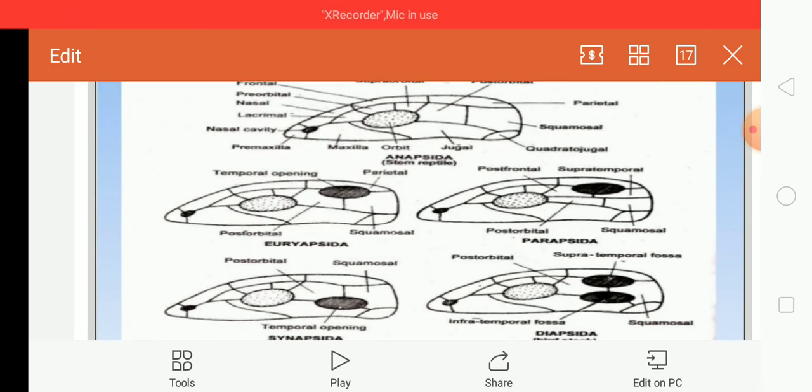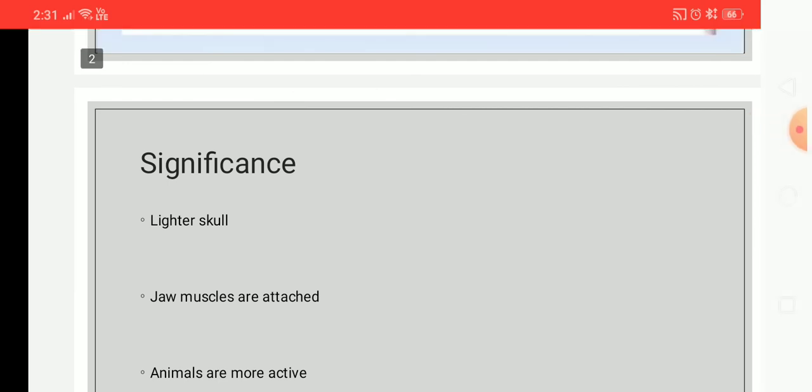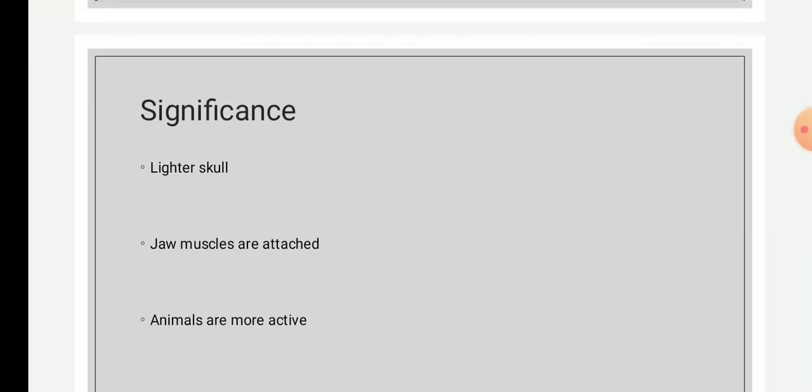Okay, so now we'll see what is the significance of having this temporal fossa and arcades. To understand the need of the temporal fossa, first we need to find out what the drawbacks are if a particular organism doesn't have this kind of temporal fossa in its skull.